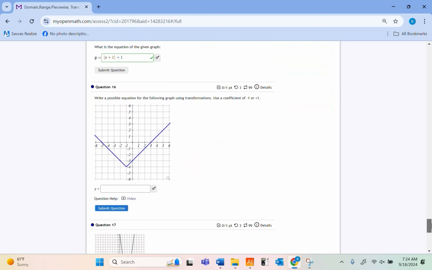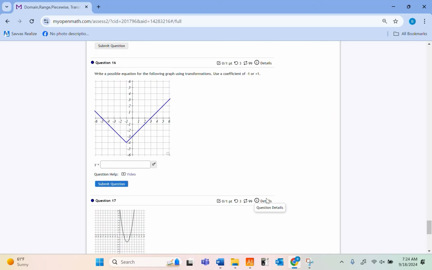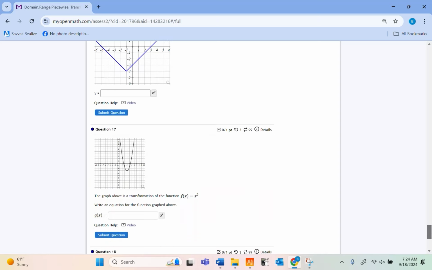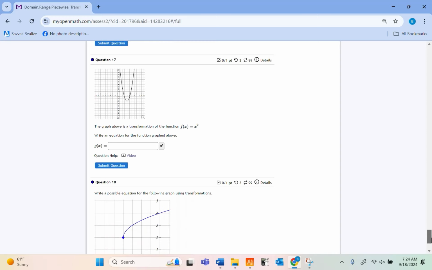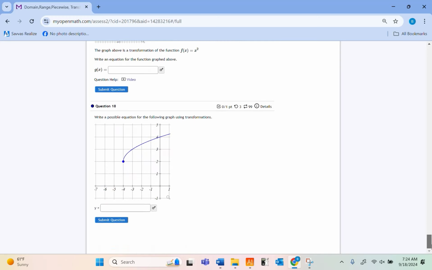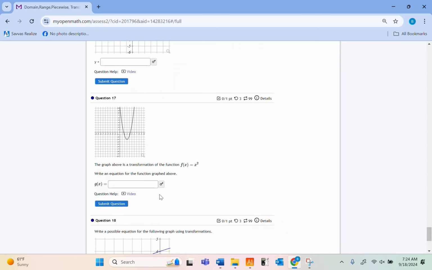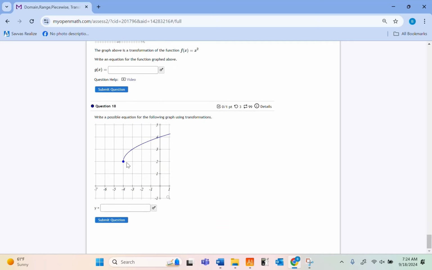Go me. We have another writing equation. I'm not going to do that with you. There's a video. You figure that out. That one has a video. 18 does not have a video. This is a square root function. This one has an initial slope of 1.